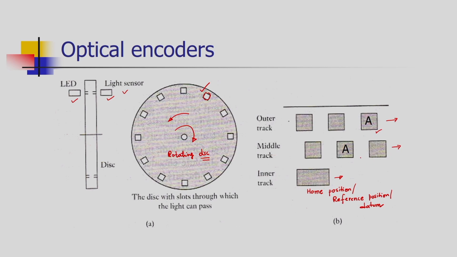The corresponding hole A on the middle track has an offset, and that offset is about 1.5 times its width. So, here you can see this hole A has been offset in the left direction. So, how will this help us to find out the direction of rotation?